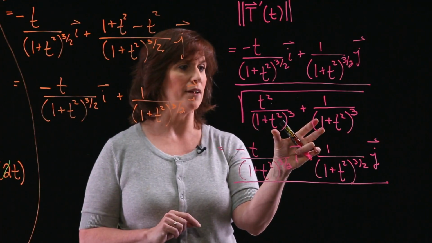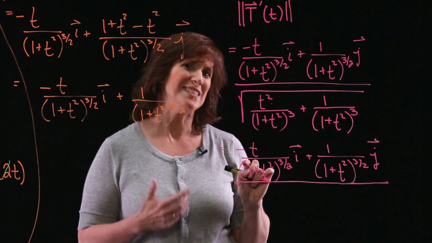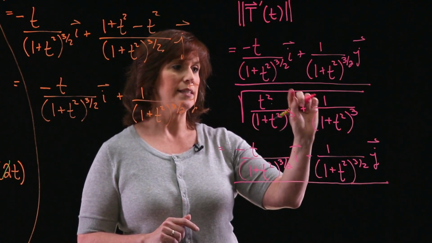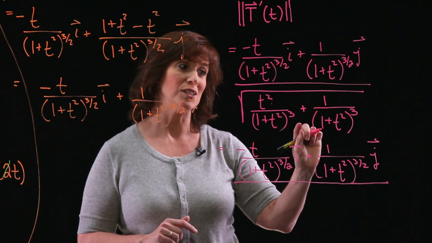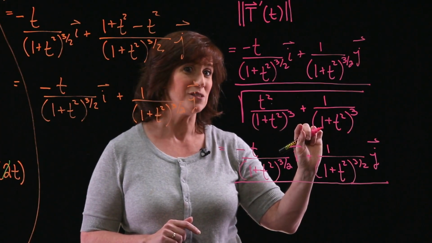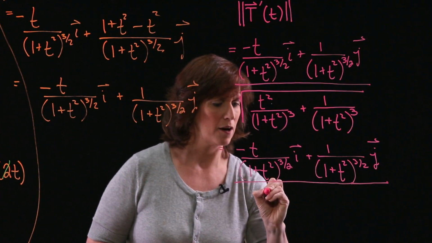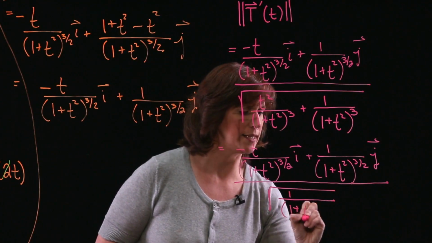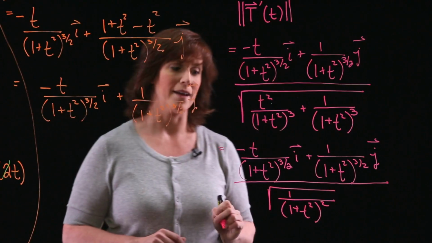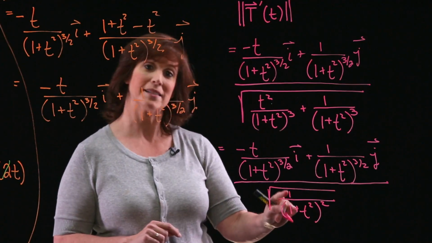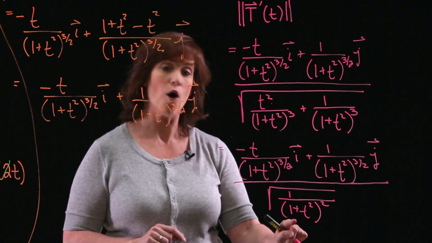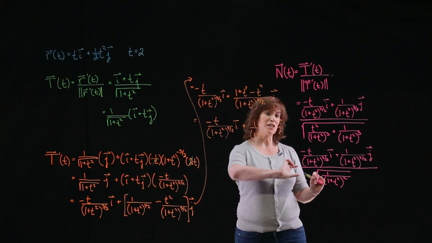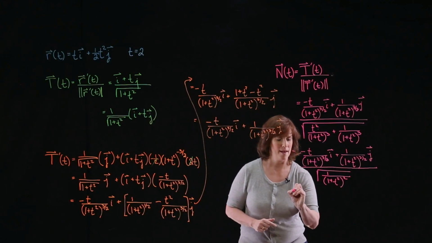They have the same denominator, so I can just add the numerators, and I have t squared plus 1. And what happens there is I end up with t squared plus 1 over 1 plus t squared quantity cubed. That reduces to 1 over 1 plus t squared squared. And this also reduces because I can take the square root and I end up with 1 over the quantity 1 plus t squared. Now, when that happens, I can do an invert and multiply.